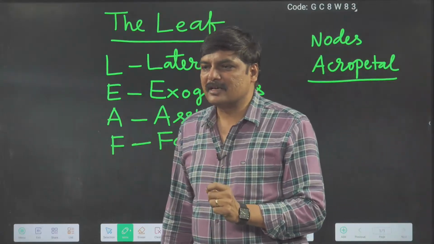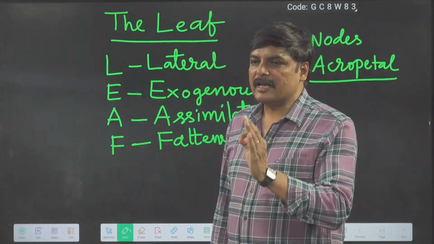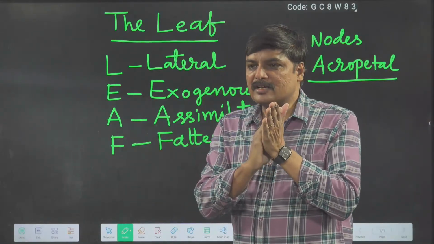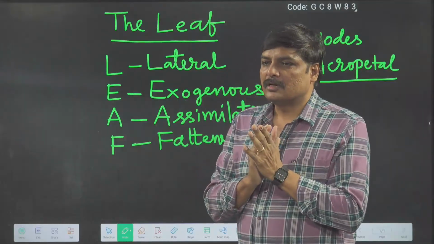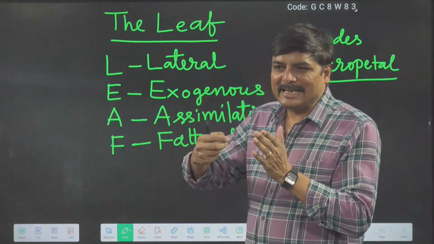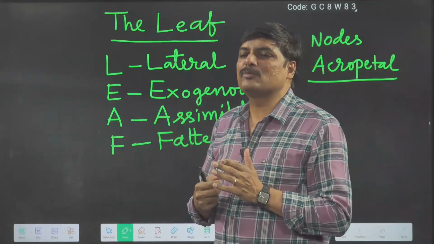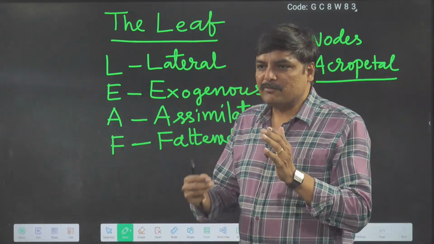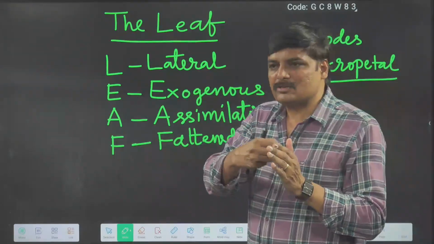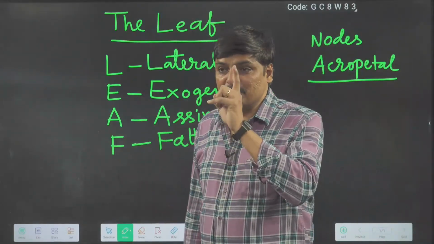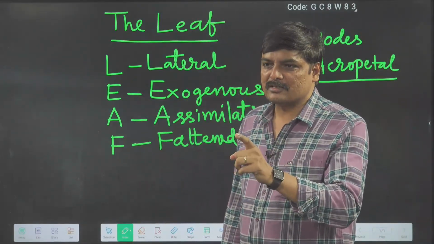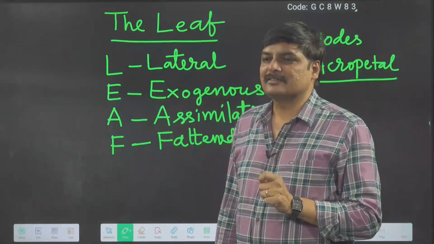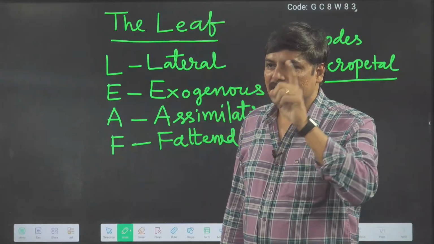Exogenous means they are epidermal in origin. They are external outgrowths, not formed from deeper layers of the plant body. Understand? That is called exogenous. If they are formed from the central part, it is called endogenous. Leaves are exogenous, but lateral roots are endogenous.